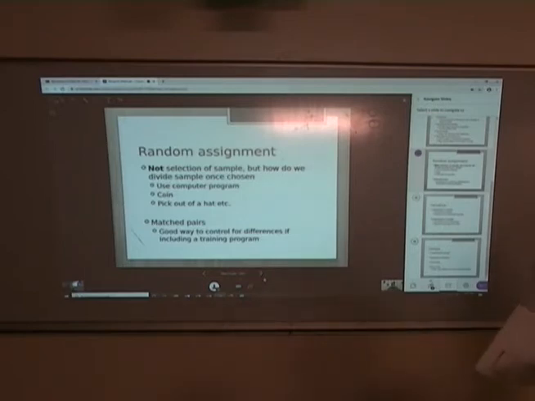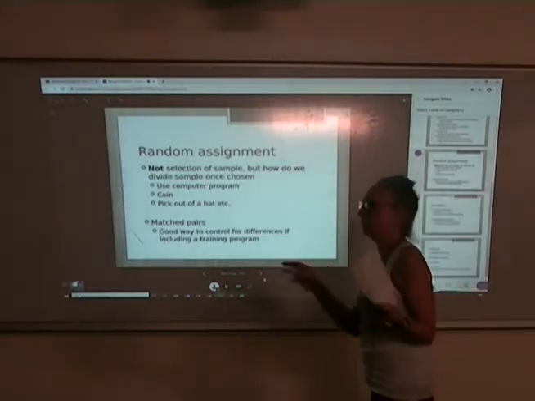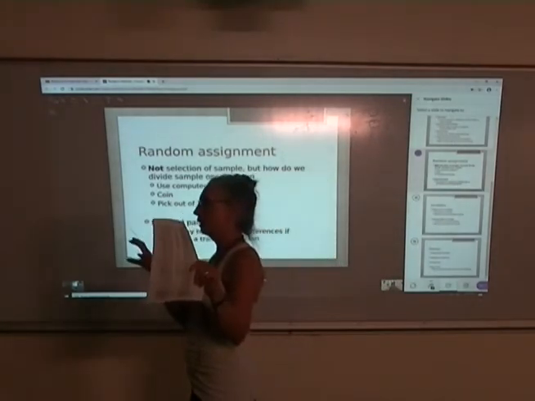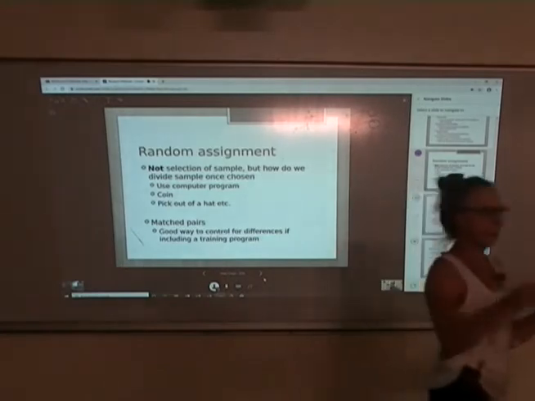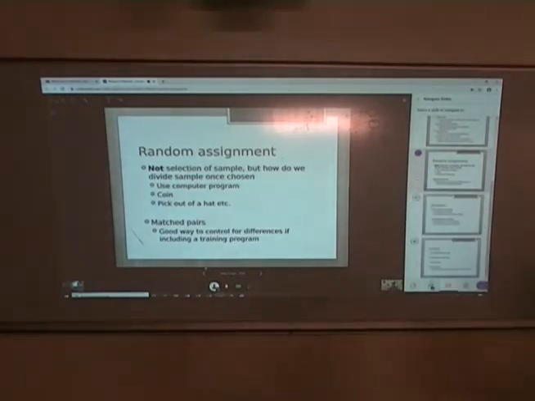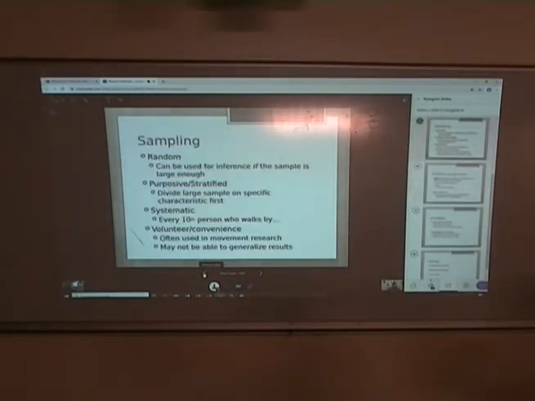So, I wanted to point this out because we use the same word in two different instances, and that can get confusing. On the previous slide, we were talking about having a random sample, and that meant that I had lots of different types of individuals from all over the place, right?